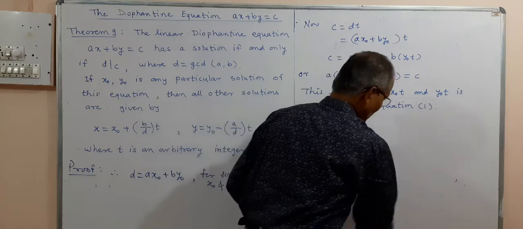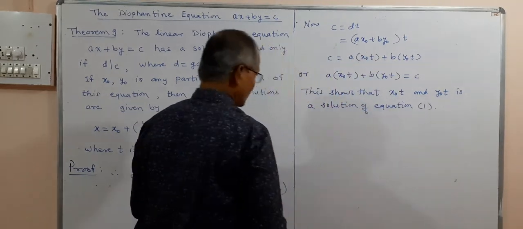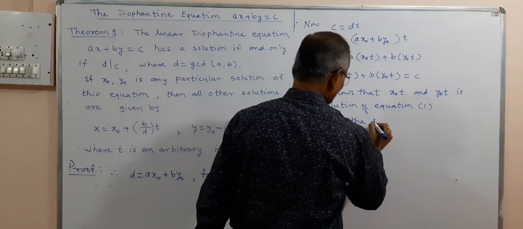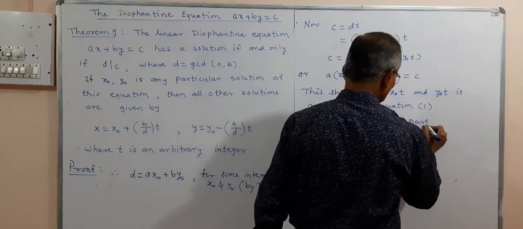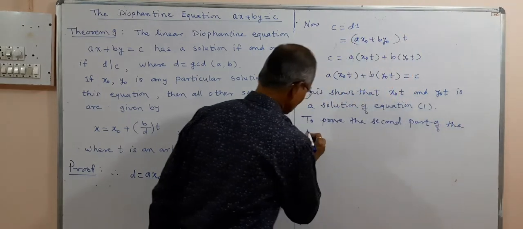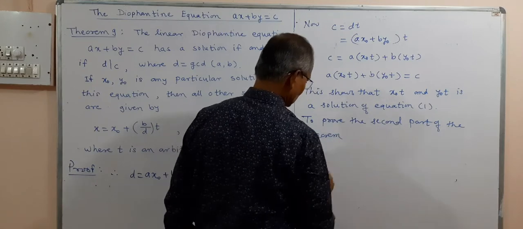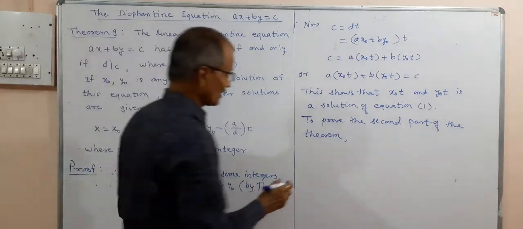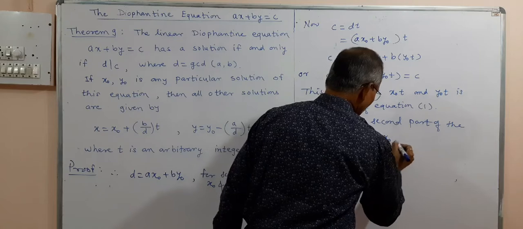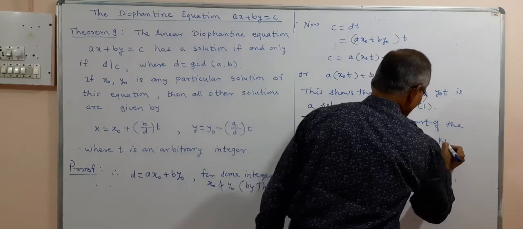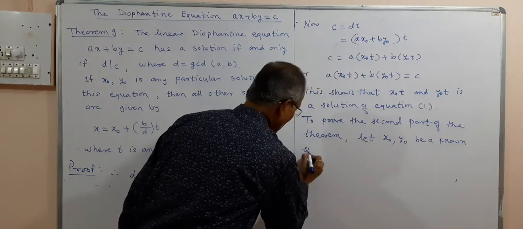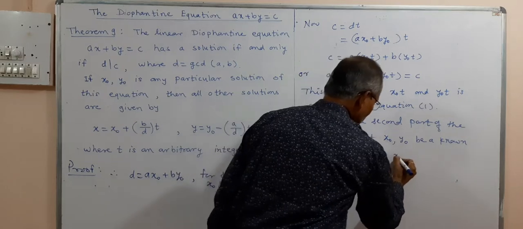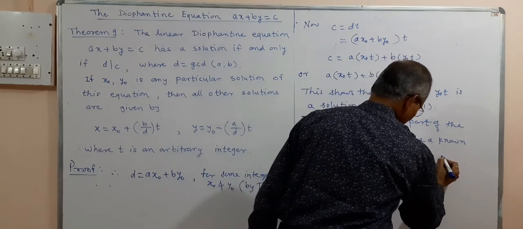Suppose, second part of the theorem. Let one solution we know be x naught, y naught. Let x naught, y naught be the known solution, and let x dash, y dash be any other solution.